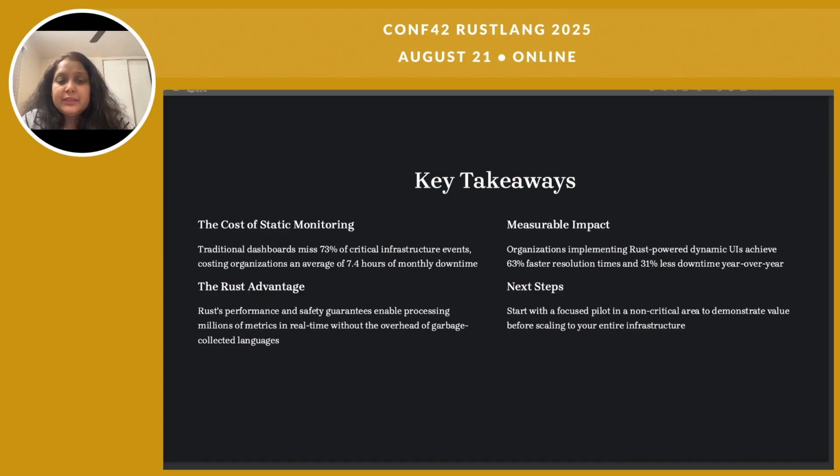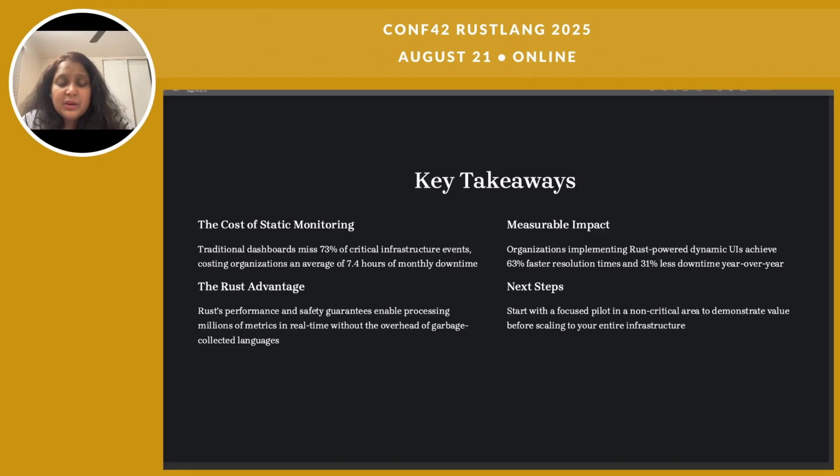The key takeaways: static dashboards create dangerous visibility gaps due to polling delays and limited anomaly detection. Rust's deterministic performance, memory safety, and concurrency model make it ideal for building real-time monitoring pipelines. In production, this translates to faster detection, fewer errors, and significantly lower downtime.